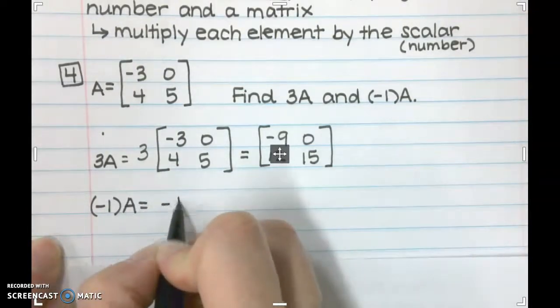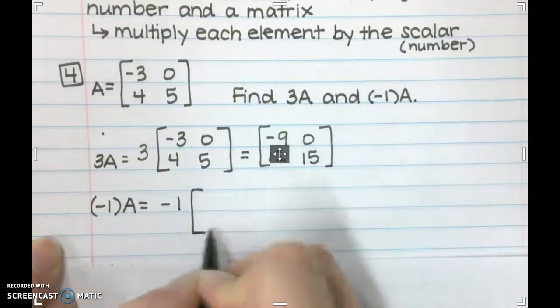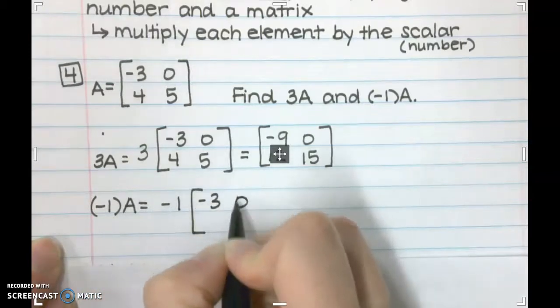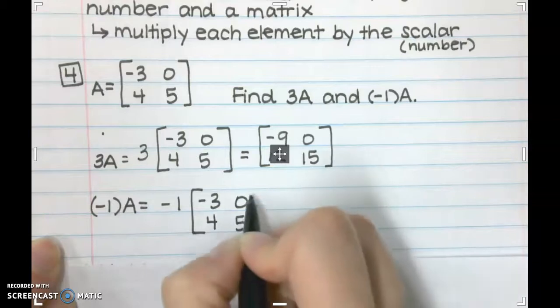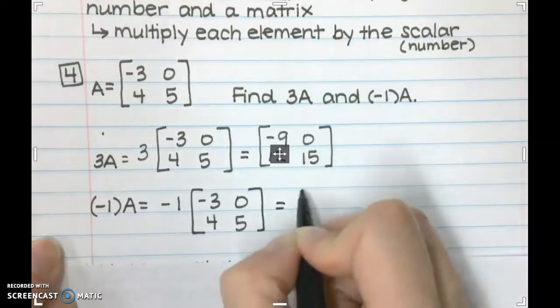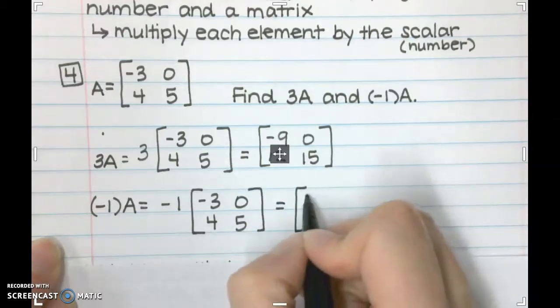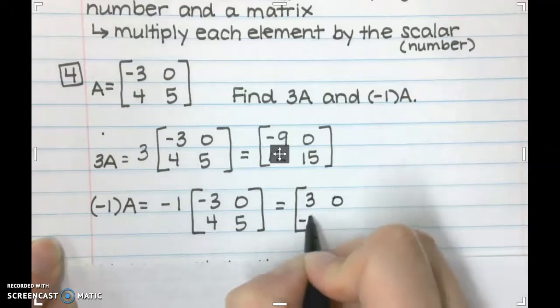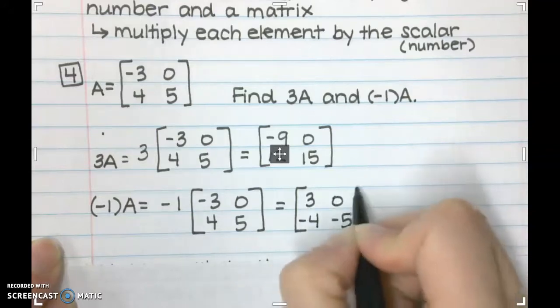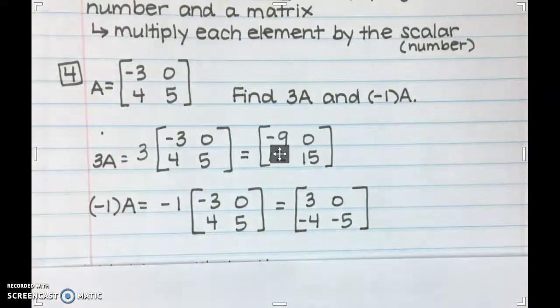We're taking -1 and multiplying it by our A matrix. Essentially we're going to change all the signs. So the resulting matrix is 3, 0, -4, -5. That's called scalar multiplication. We're simply taking each element and scaling it, multiplying it by some numeric value.